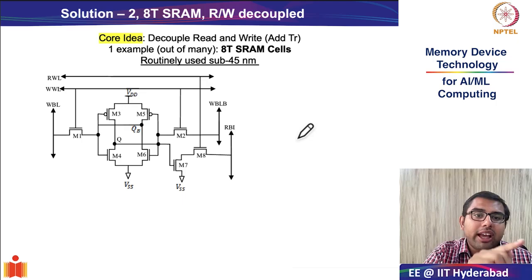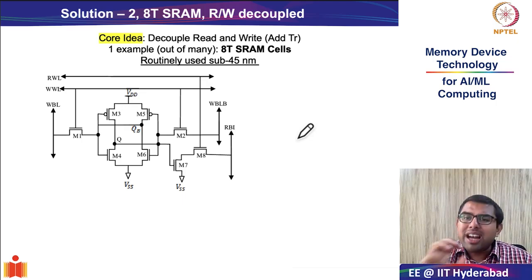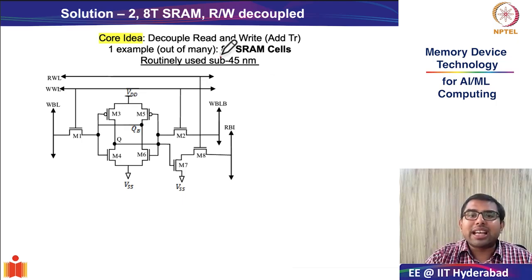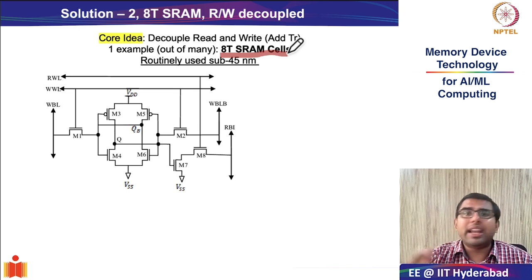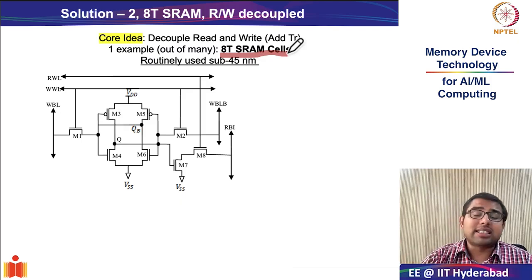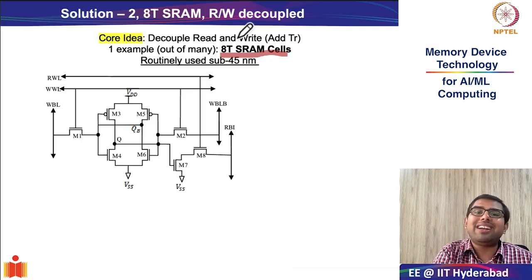And this is what I will explain through one example of the 8T SRAM cell. Now, there are several examples of 7T, 8T, 10T, 9T SRAM cells, but I am taking the example of this particular 8T SRAM cell because they are now being routinely used in the sub 45 nanometer node in order to improve noise margins and stability.